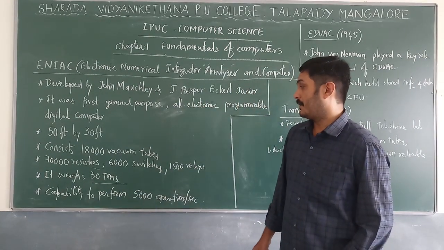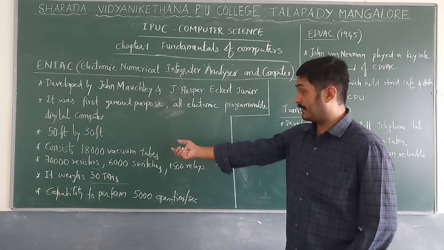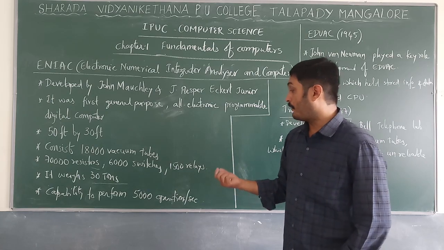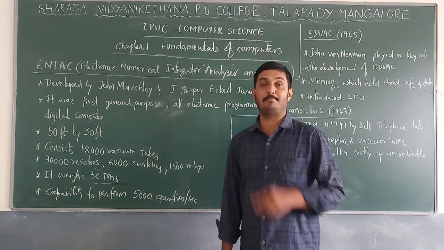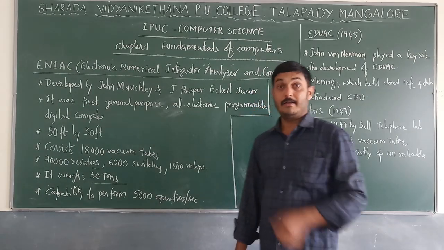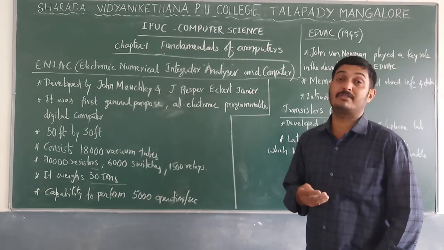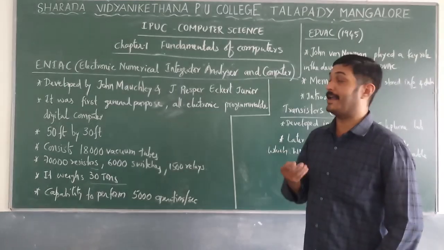It has the capability to perform 5,000 operations per second, that is, it can execute 5,000 operations per second. These are about ENIAC.